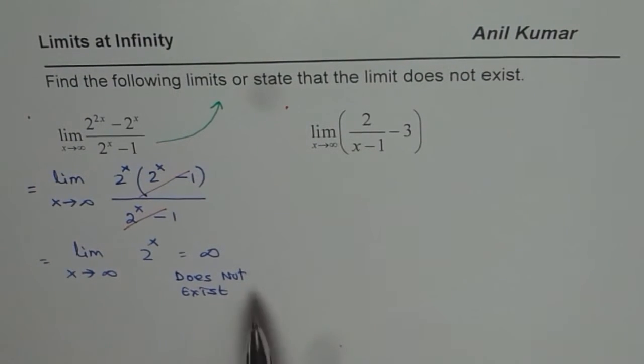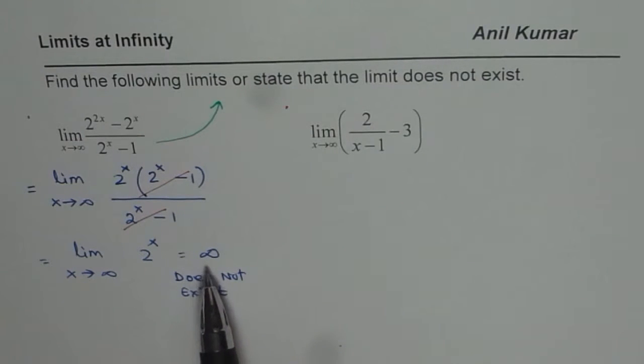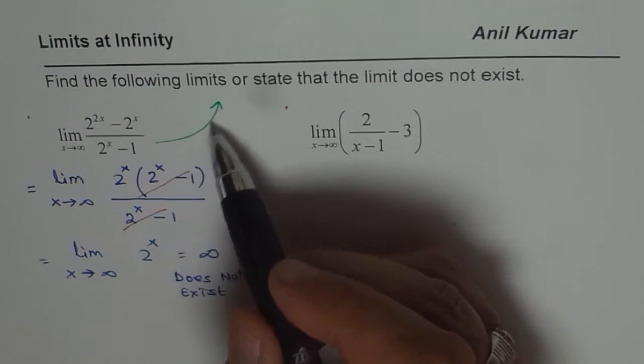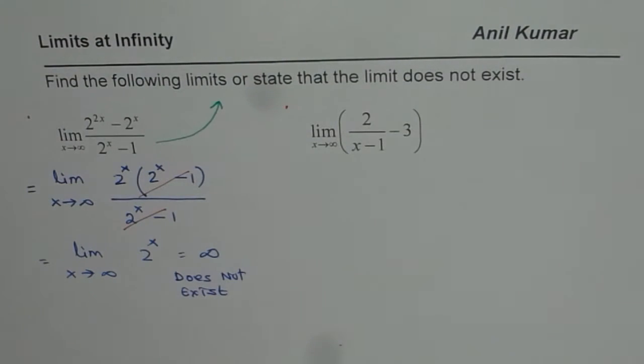There are a couple of ways to write this. Sometimes we prefer to write infinity, a positive infinity in fact, showing that it is going towards an unbounded, infinitely large value. The other way is, since it is not approaching a fixed value, we write that it does not exist. So both are correct.